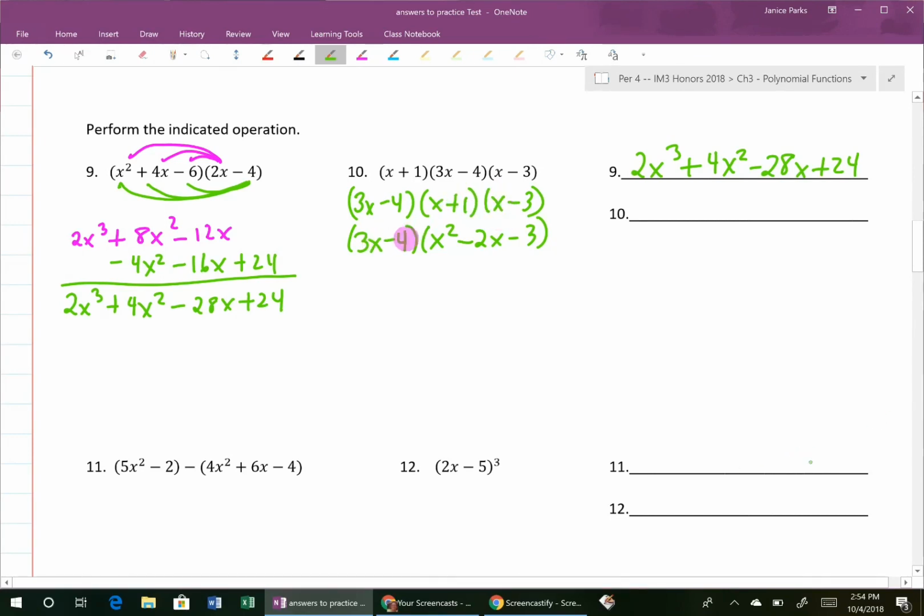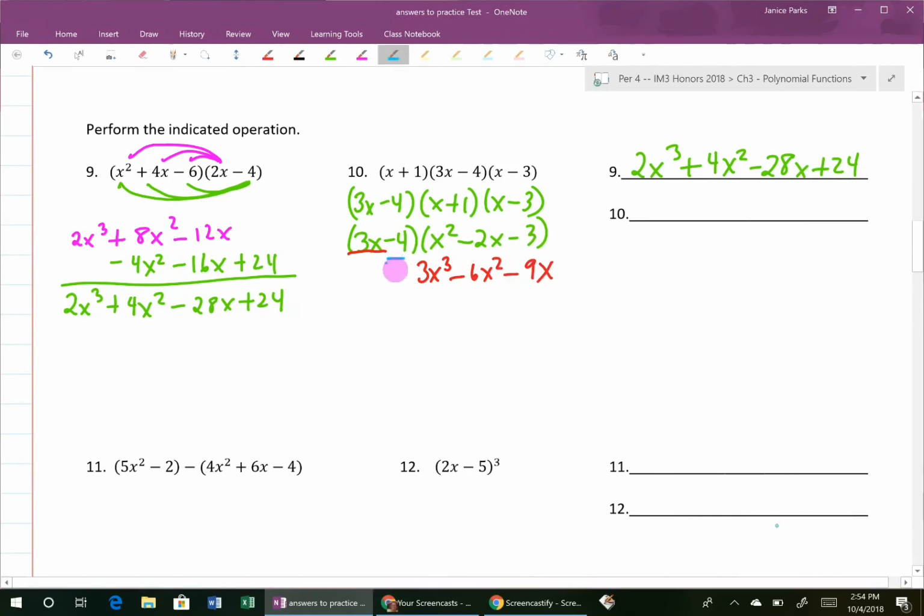Next, I'm going to distribute the 3x minus 4 to all of this the same way as I did in the first problem for number 9. Again, if you'd rather just use the box method, multiply two together at a time and then multiply the third one in, that's fine as well. So if I multiply 3x times all of this, I'm going to get 3x to the third minus 6x squared minus 9x.